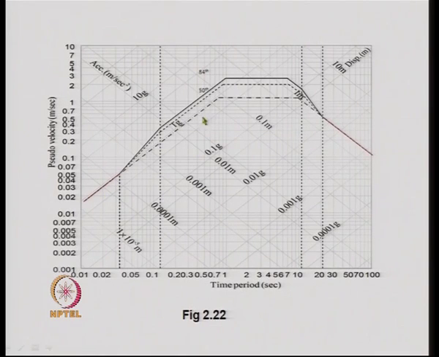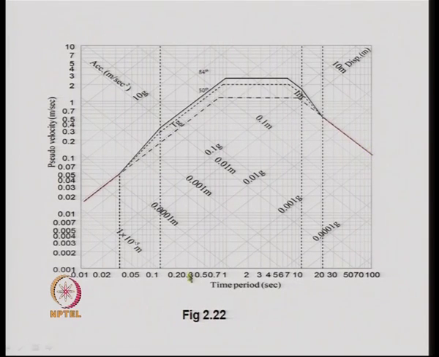This was the baseline, showing the peak ground velocity, peak ground acceleration and peak ground displacement, and then multiplying by alpha A, alpha D, alpha V values, we obtain these segments of straight lines and join them to obtain the response spectrum in a tripartite plot.